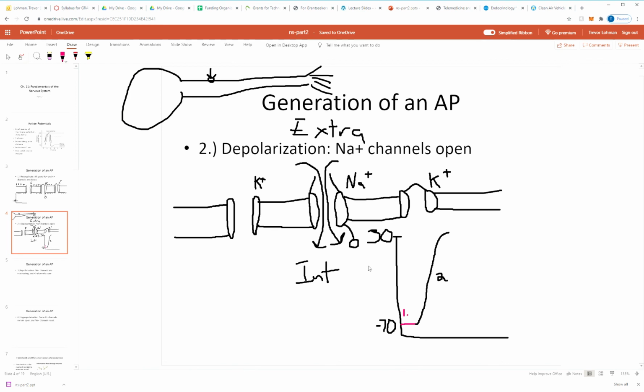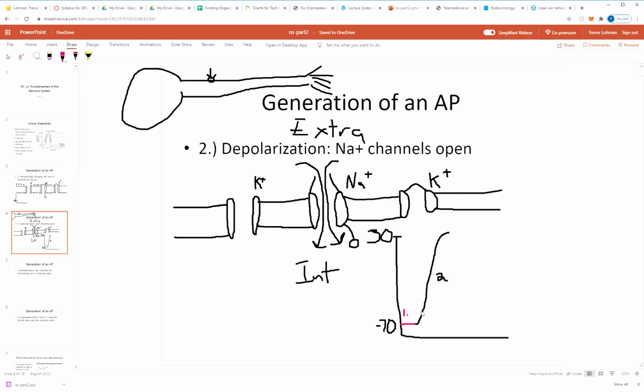We haven't even talked about why this happens. We're just talking about how it happens. But what we'll learn is that if there are enough depolarizing graded potentials acting on a neuron cell body and axon hillock, we can start to move the resting membrane potential up from -70.